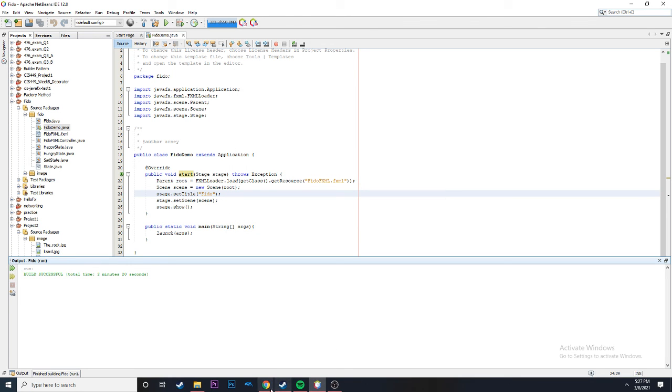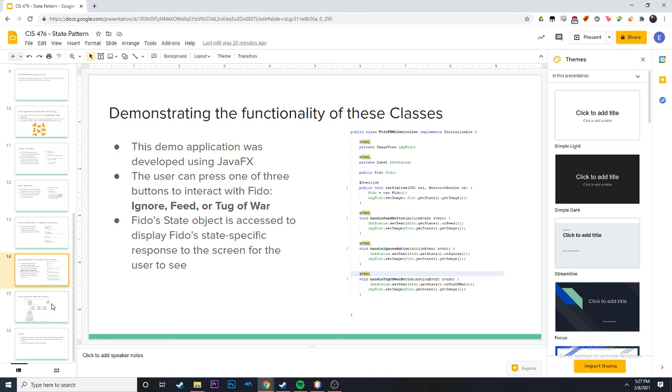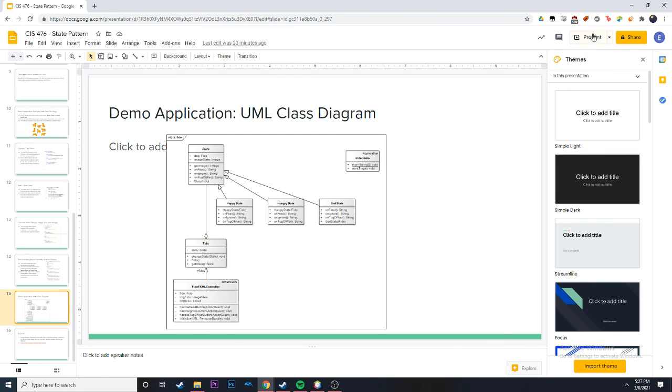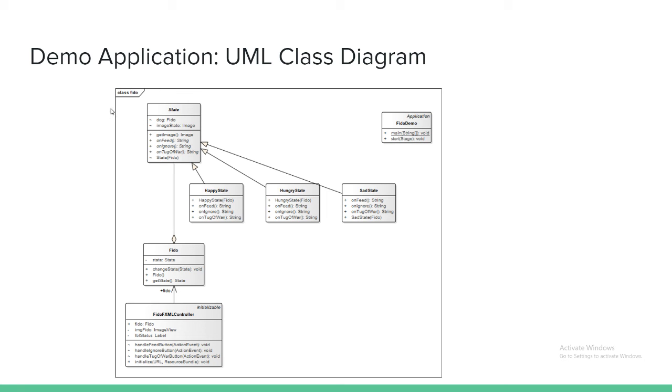And then I have one more thing to show you. This is my class diagram for my demo application. So we have the abstract state class, and then we have the concrete state classes, the happy state, the hungry state, and the sad state.